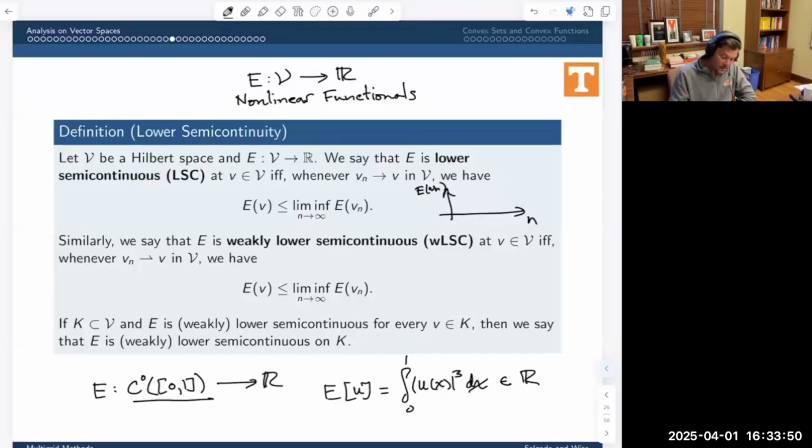So I can look at the functional values E of Vn as functions of n, and map them according to the values of n. That might start out looking like that, but then all of a sudden it could just wiggle and wiggle and wiggle. It doesn't necessarily have a limit. But let's assume for the moment it's bounded.